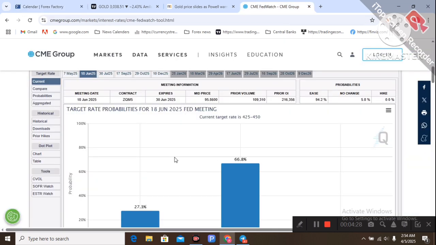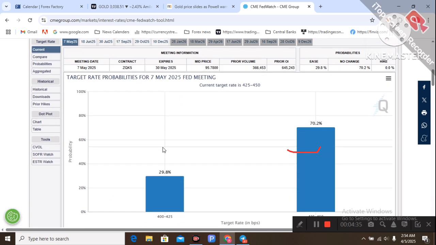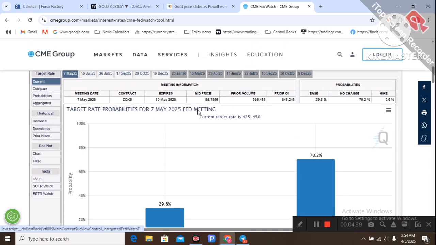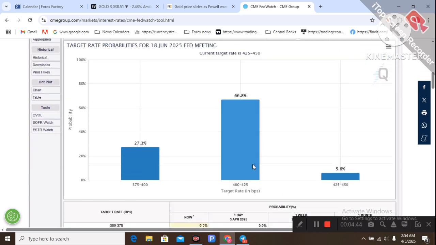The FedWatch Tool website shows a 70% rate cut forecast for the May FOMC meeting, and for the June FOMC meeting the FedWatch Tool shows a 66% rate cut forecast.